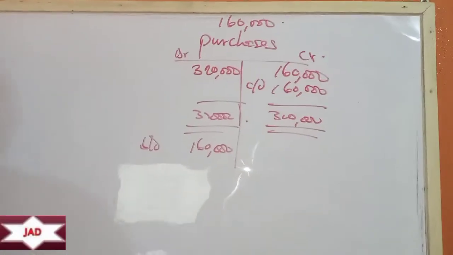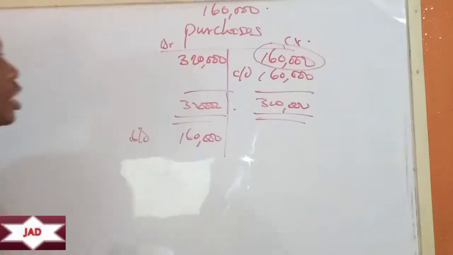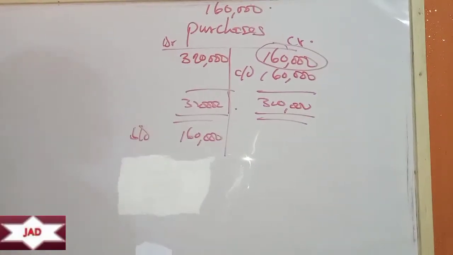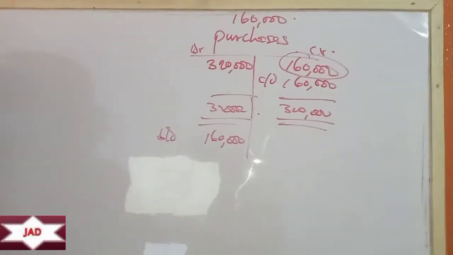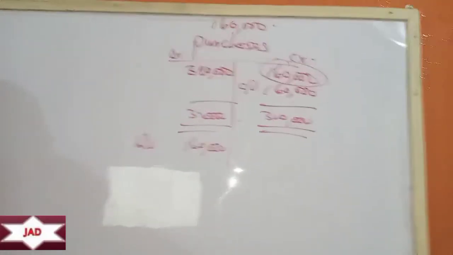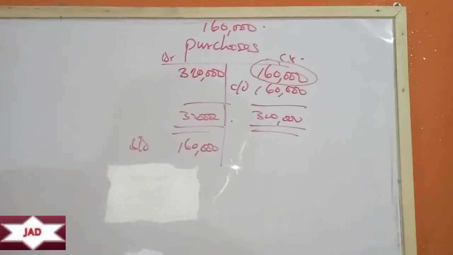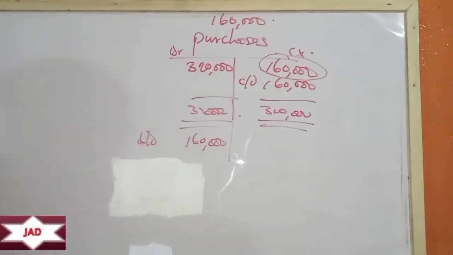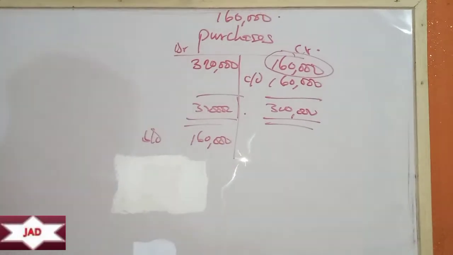But the entry we have made to make the correction is this 160 that we credited in the purchases account. But remember that every credit entry, based on the double entry principle, must have a corresponding debit entry. Every debit entry must have a corresponding credit entry. And in errors, where you cannot identify the corresponding account, you take it to suspense.